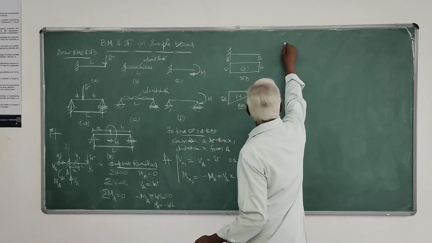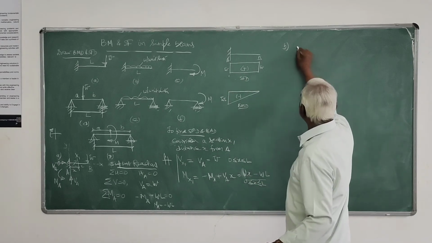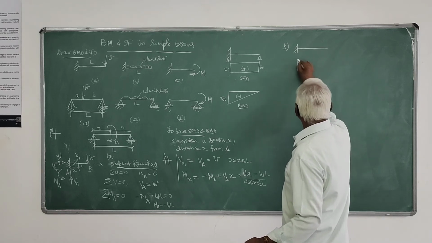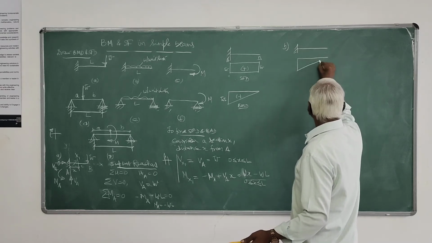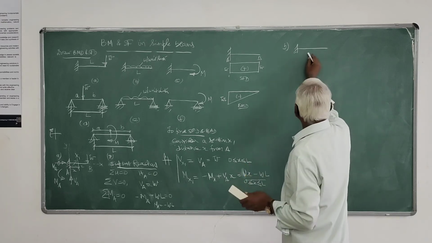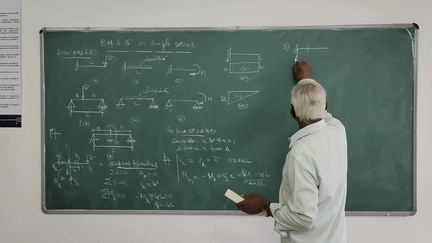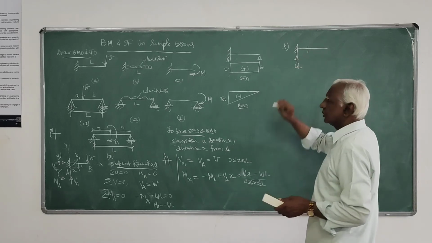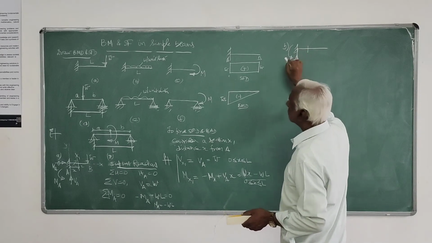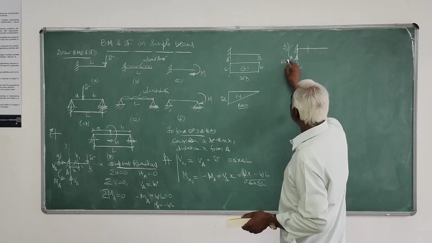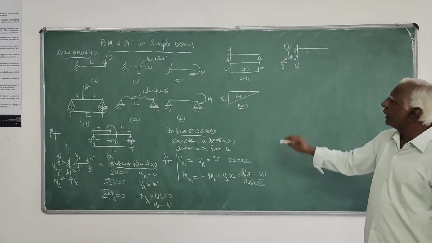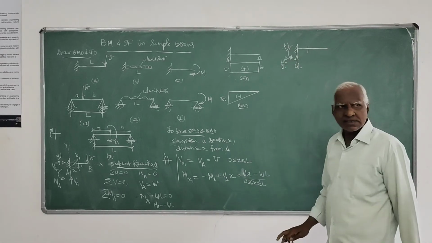So then if you take B on the same lines, you will get here W L, of course. If you take a section, these reactions, here this will be W into L, and the moment here you will get W L into L by 2, that is W L squared by 2, and the horizontal reaction will be 0.